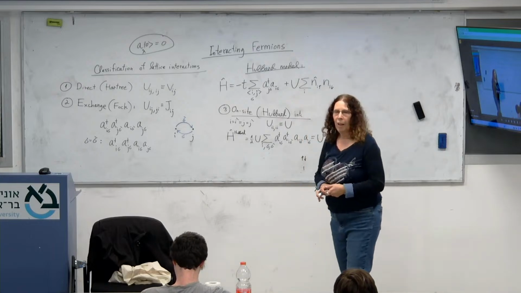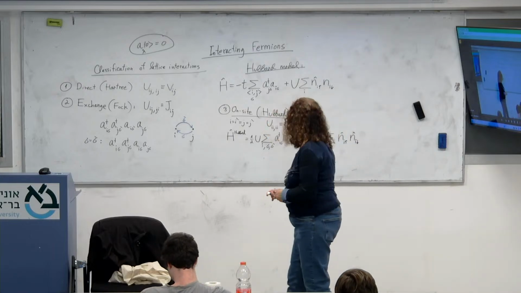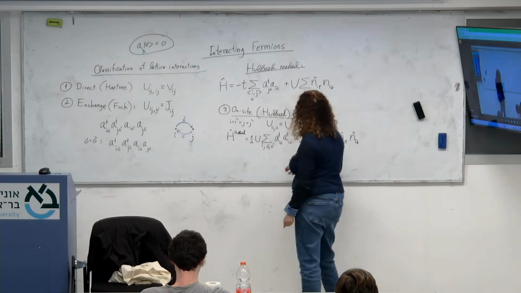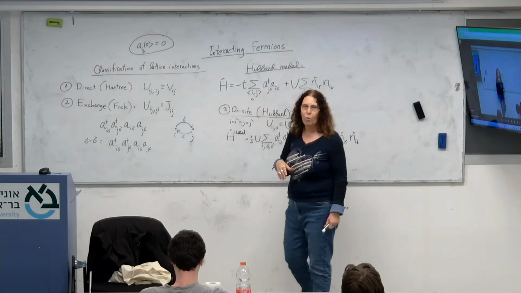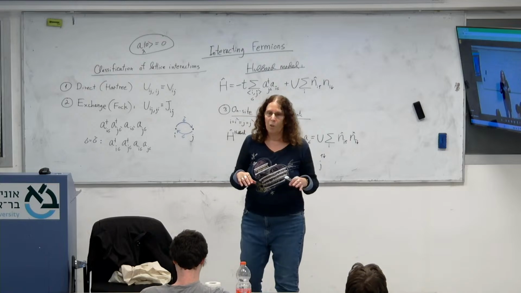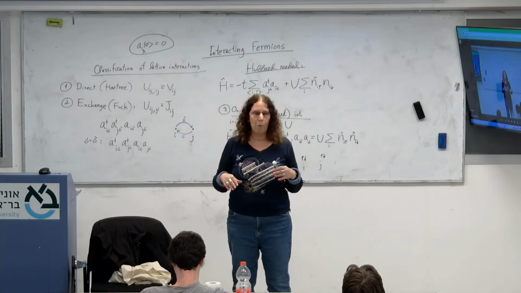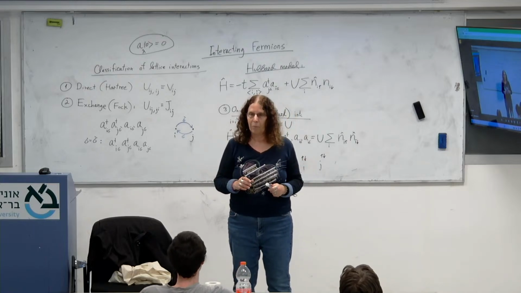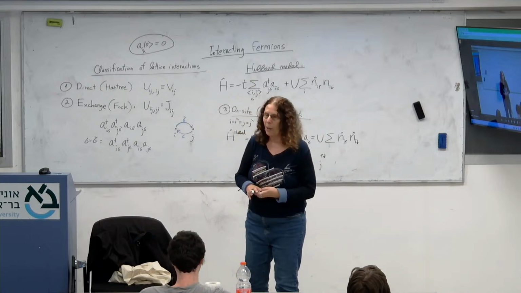Now imagine that you are filling the band to half filling. So on the average, you have one electron per site. Okay, that's called half filling.